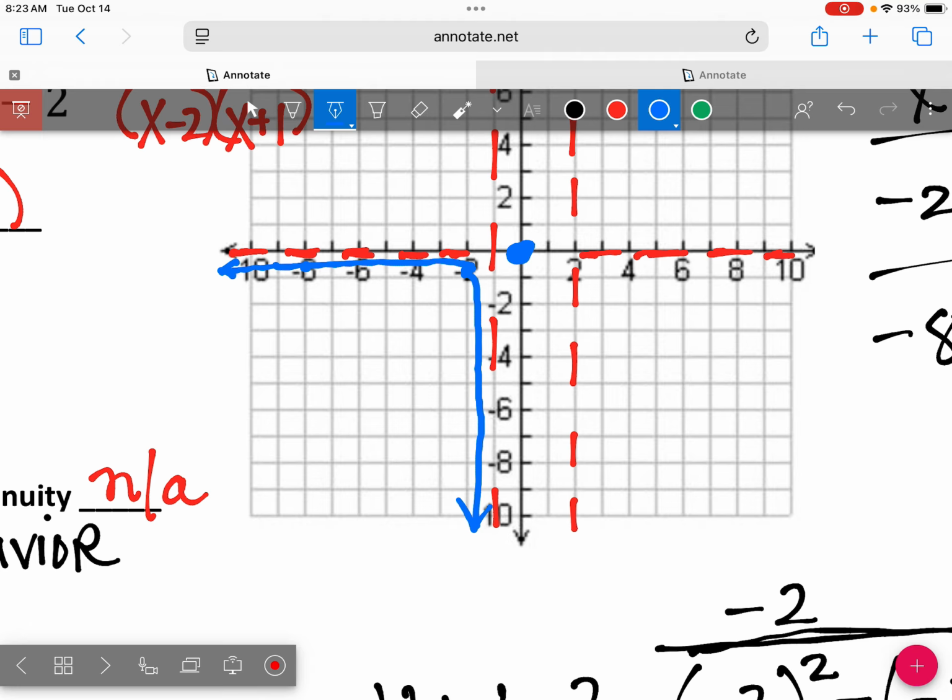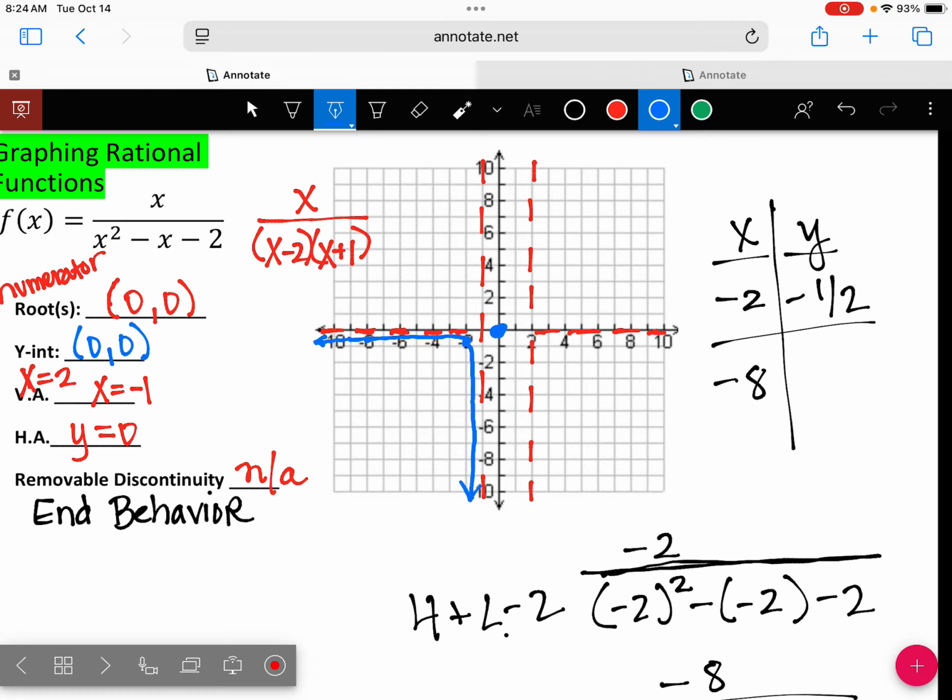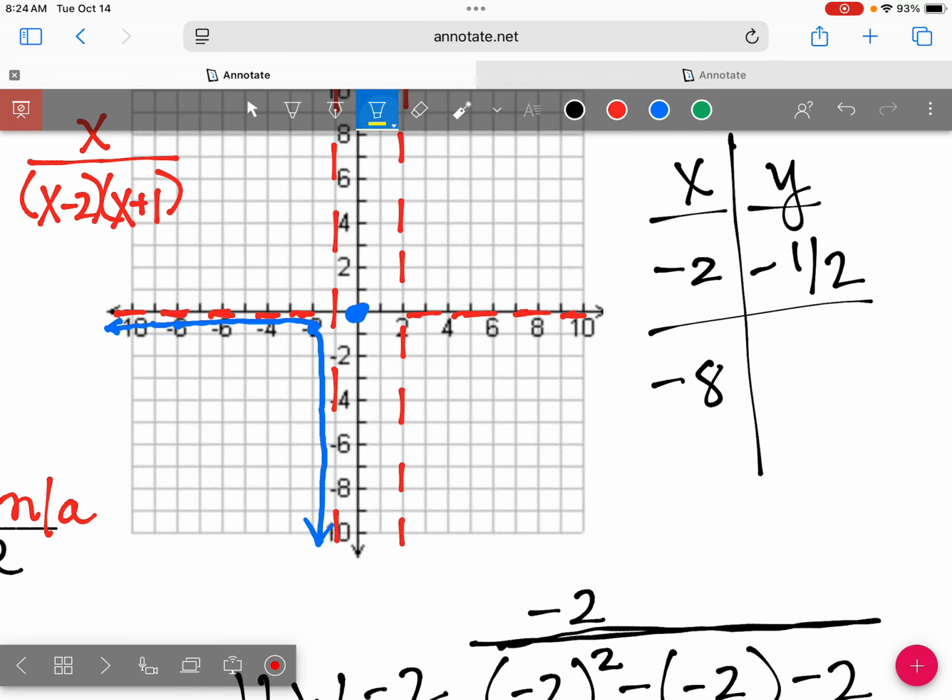All right, in the middle, let's go ahead and substitute in one number. Let's just see what it's doing at 1. So let's put in 1, because I want to see, is it going down or is it going up? That's going to help us figure out what it's doing. It normally looks like a cubic function.